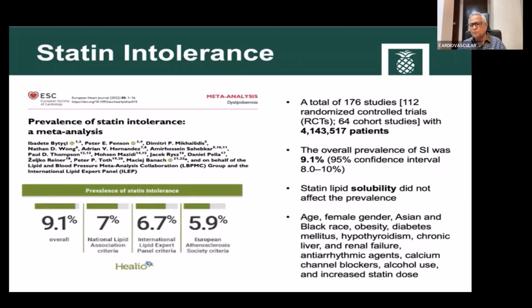I have observed this in my clinical practice, and it is also a proven fact in the literature. Similarly, if you have a patient who is complaining of statin intolerance, check thyroid. If he has hypothyroidism, correct it. The statin intolerance will disappear. So in both vitamin D deficiency and hypothyroidism, it can disappear.